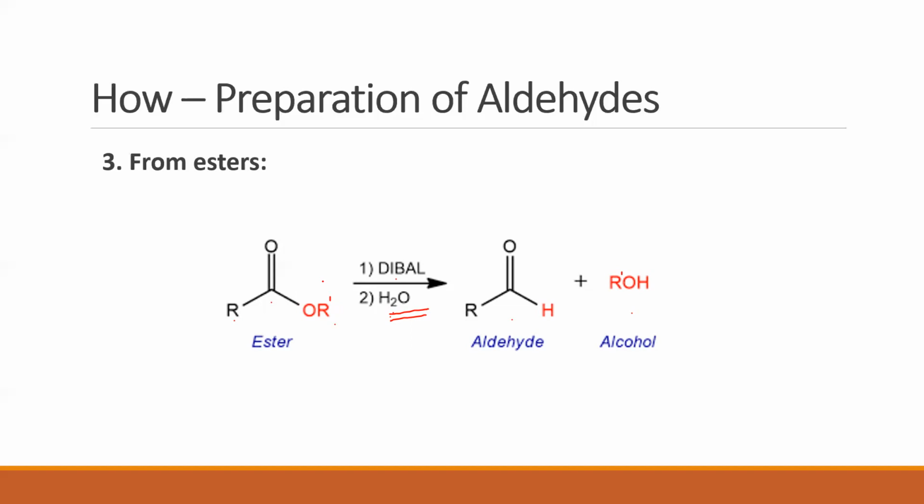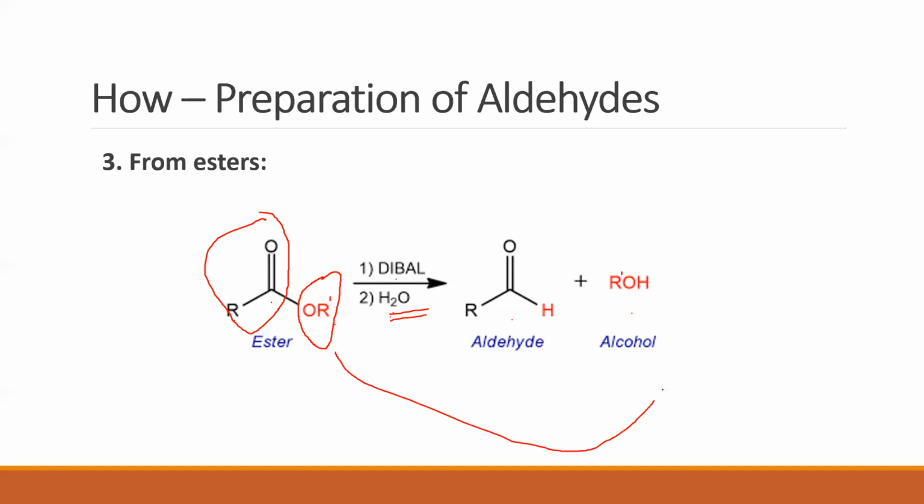So what actually happens here? This ester breaks into two parts. How does it break? It breaks with OR' going out and this RCO going out. So these are the two parts. This is the first part and this is the second part. To this, hydrogen gets added.